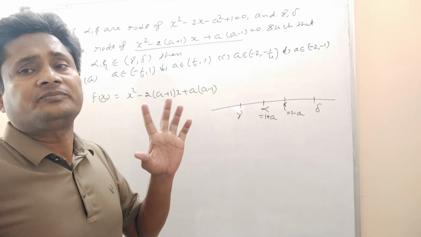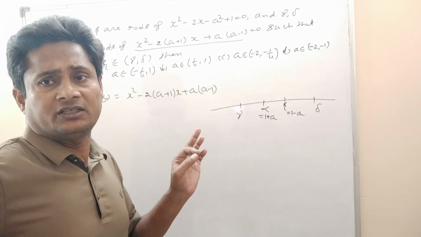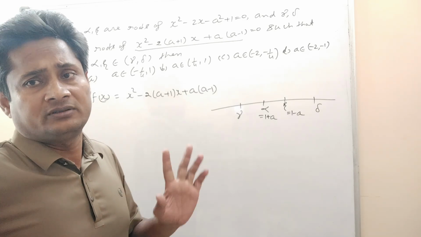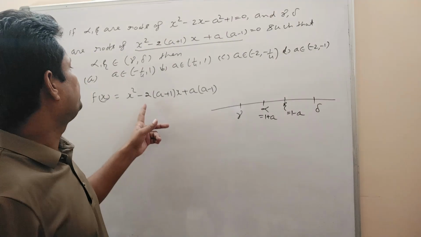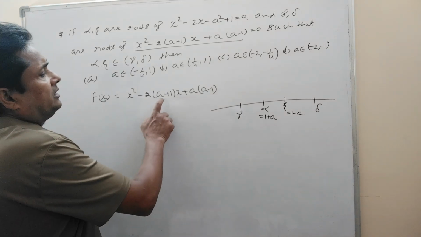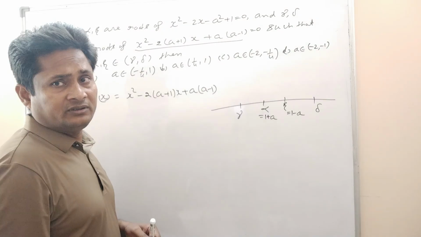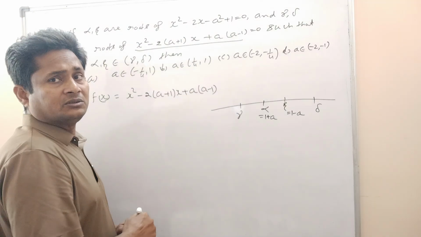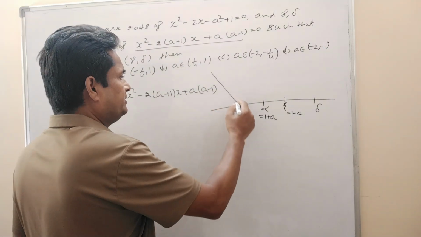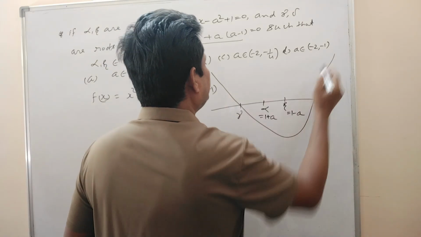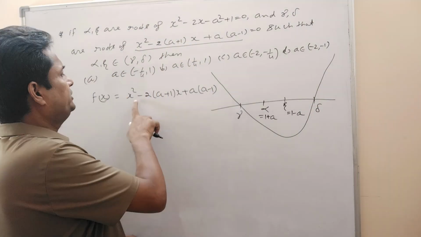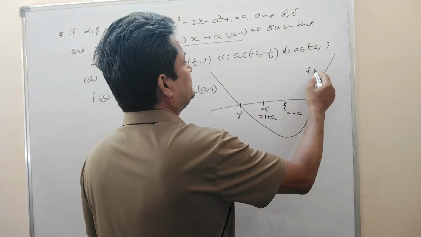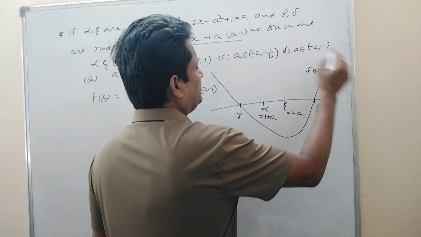And you know that if coefficient of x square is positive, then the graph of this parabola will be upward. Roots of this equation are gamma and delta, so the graph will be like this one, because coefficient of x square is positive. So this is f(x) versus x.